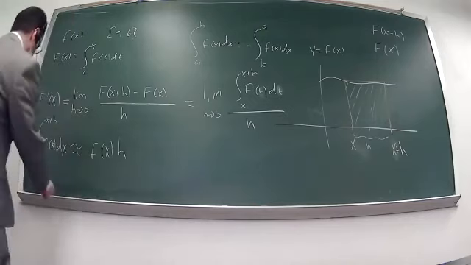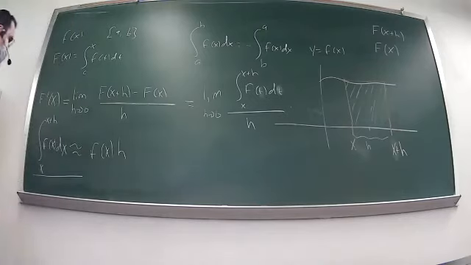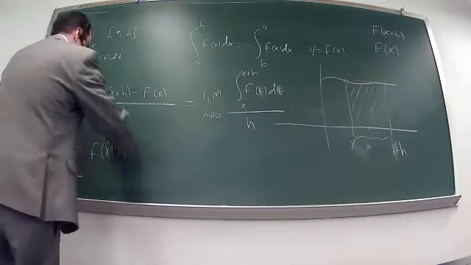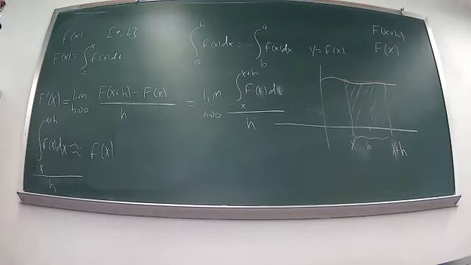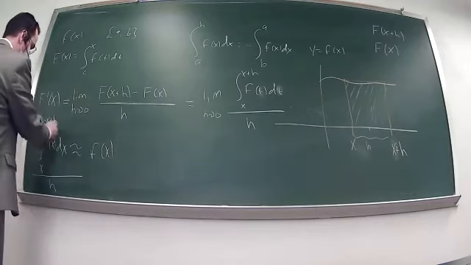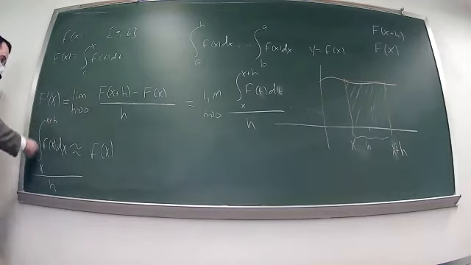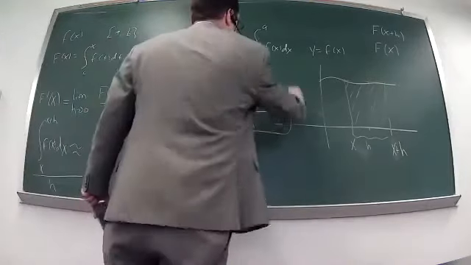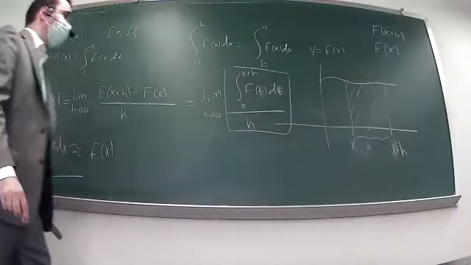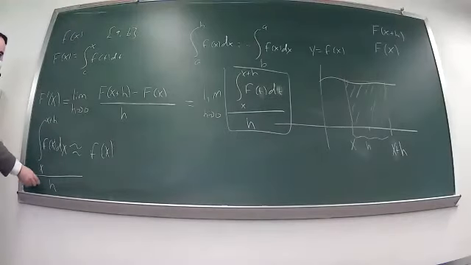And therefore, if you just divide both sides by h, then f of x is well approximated by this integral divided by h. And that's what you've got right here. So when h is very small, this quotient is going to tend towards f of x.